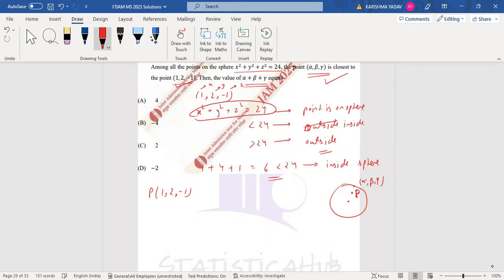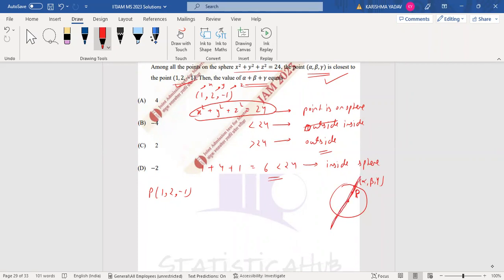Now see this: the closest point on the sphere is located on the line passing through the point P and the center. So if I draw a line here, it is a straight line here in 3D.